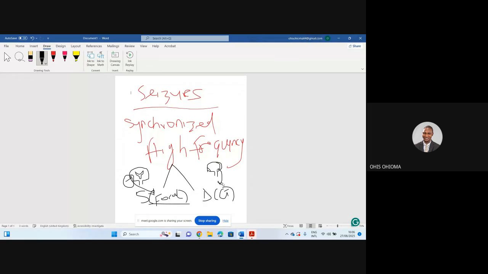The first thing you need to understand about these two is that in one, a localized part of the brain is affected, and in the other, a wider area of the brain is affected. The focal seizure can also be characterized into two parts: the simple partial and the complex partial.